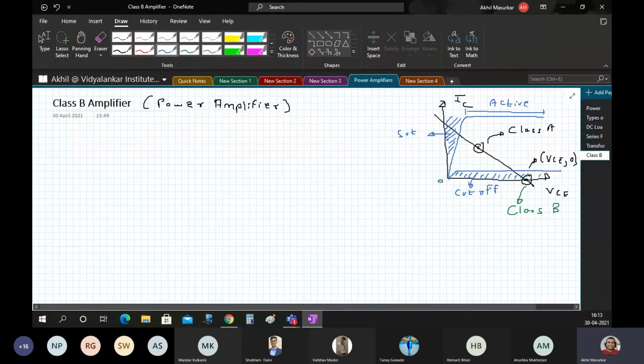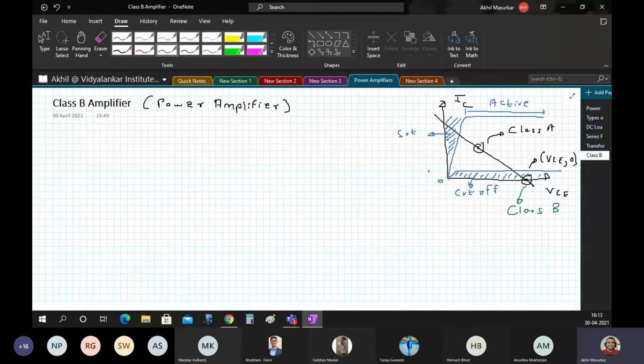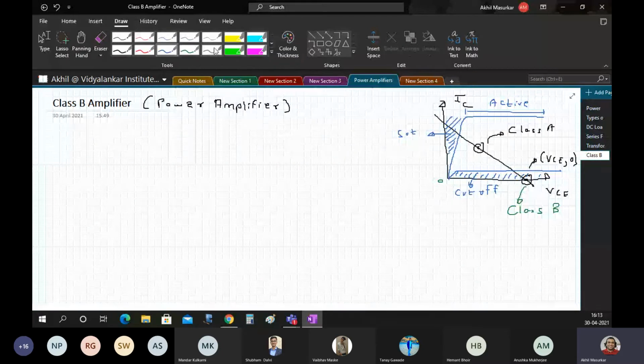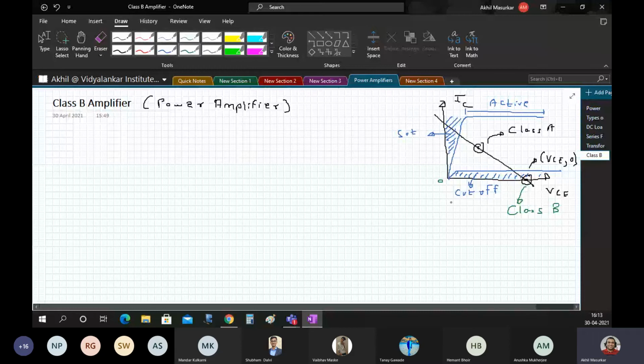So my first opening statement for the class B power amplifier is that the Q point is located in the cutoff region. Here the output conducts only for 180 degrees of the input signal cycle. That means it conducts only for half the time.